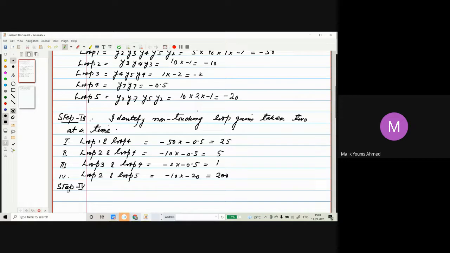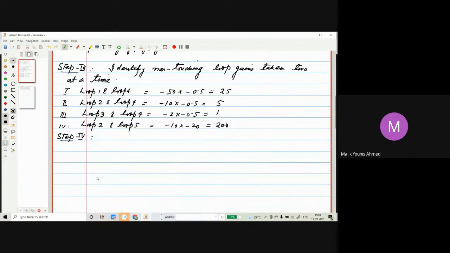Step number 4 is to identify non-touching loops taken 3 at a time.